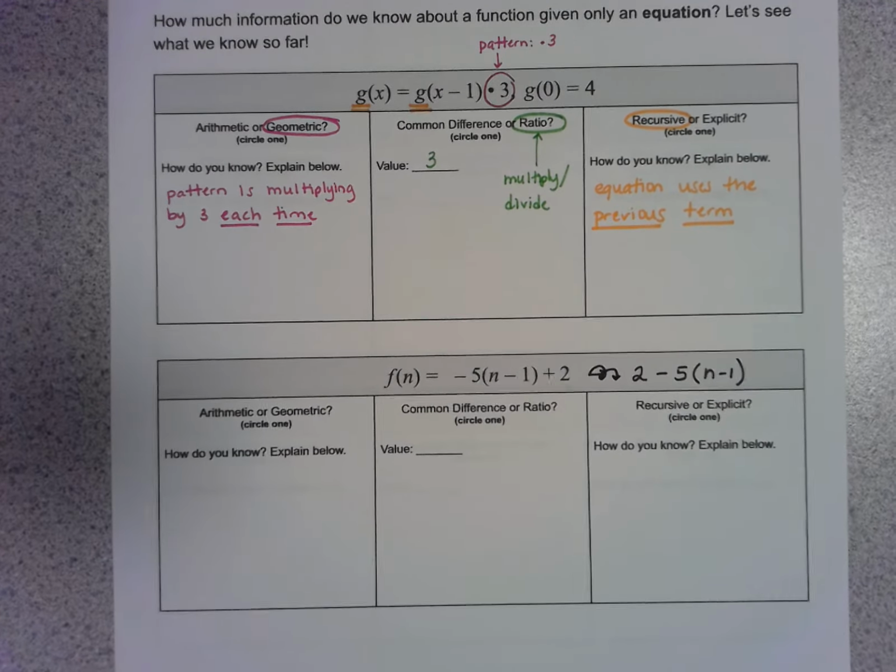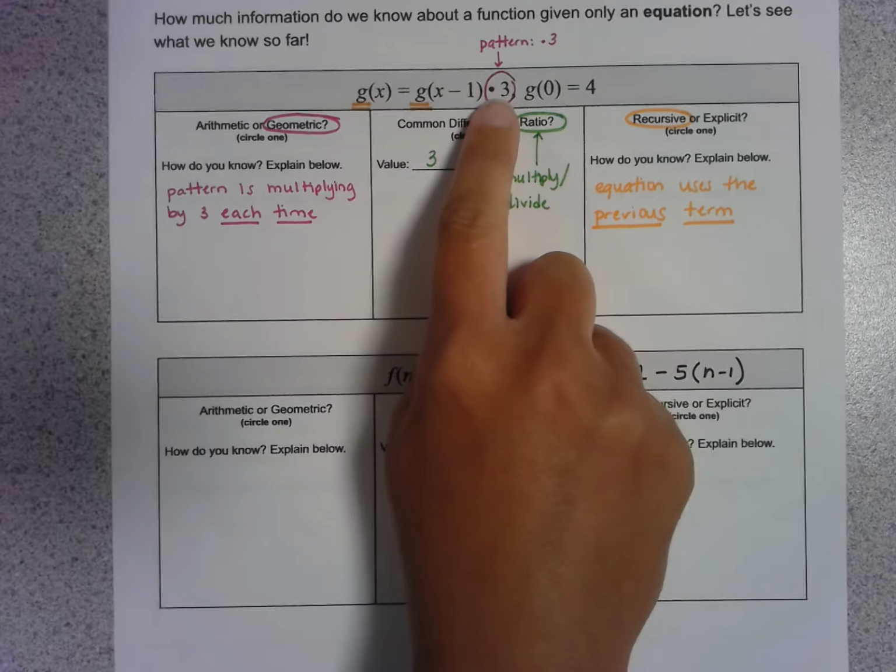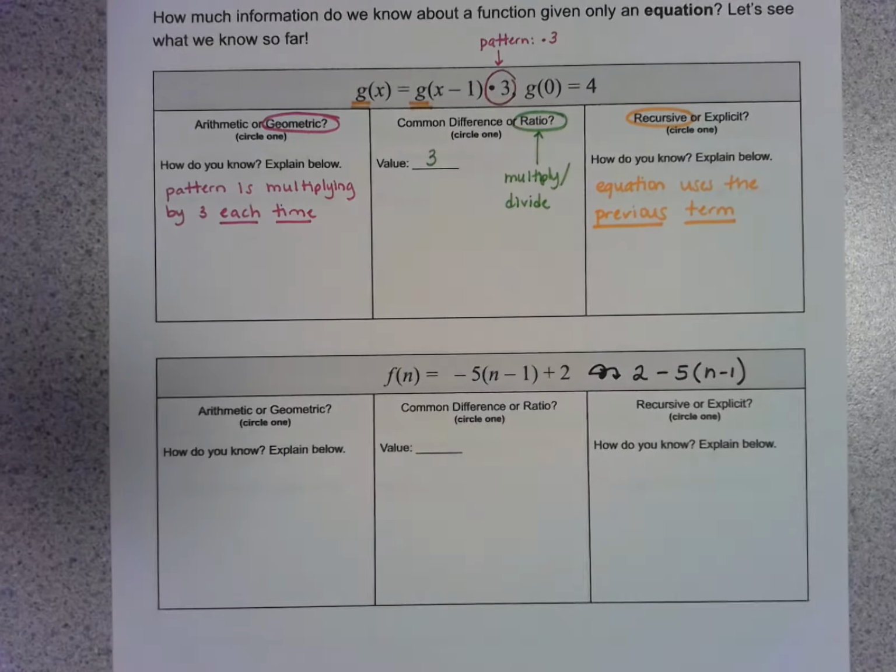Is this arithmetic or geometric? Well, the first thing I'm noticing is that it doesn't have a multiplication pattern with a recursive like this one does. It's not a recursive equation, it's explicit because there's no previous term. So let's start with that, since that's the first thing I noticed.